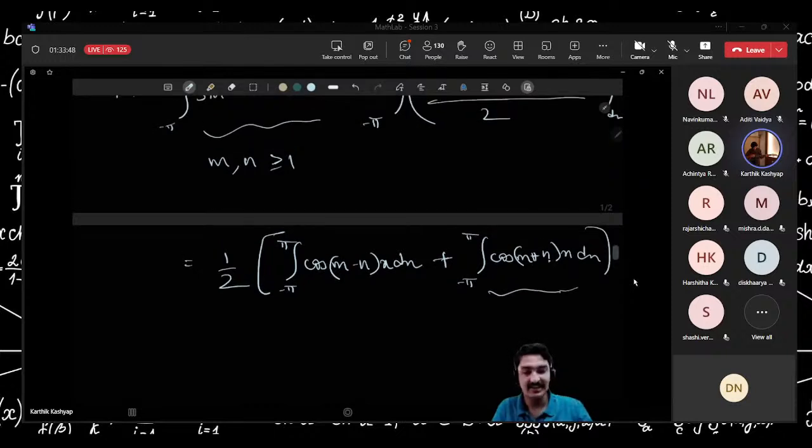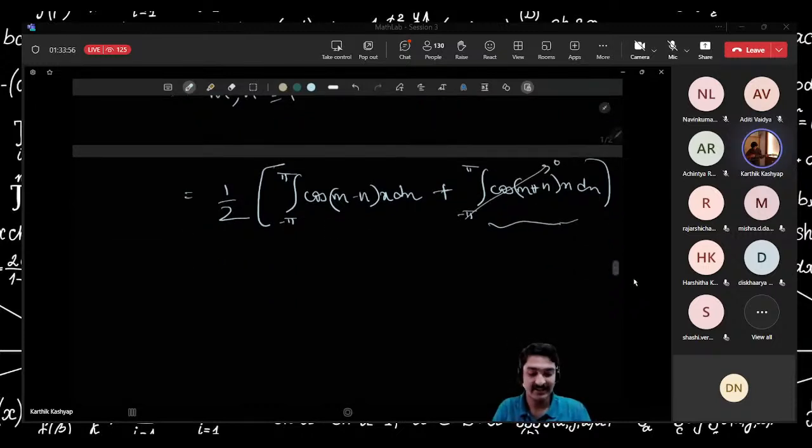This is the part of the second property with m not equal to 0, so this part will be 0. Whereas for this part, if m happens to be equal to n, this value will be equal to 0, so this integral will be equal to 2 pi. But if m is not equal to n, then the integral will be 0, from the property.